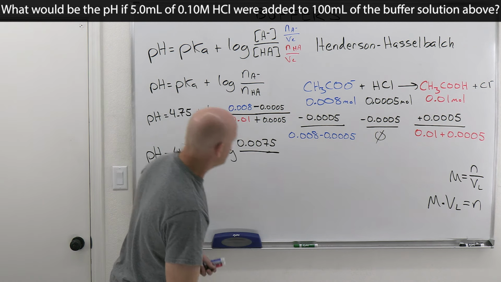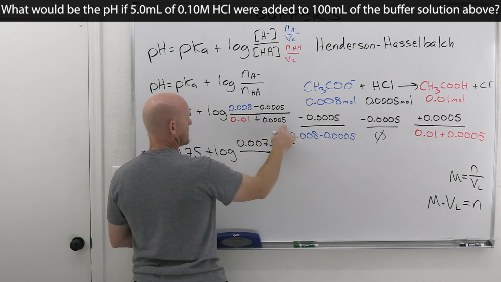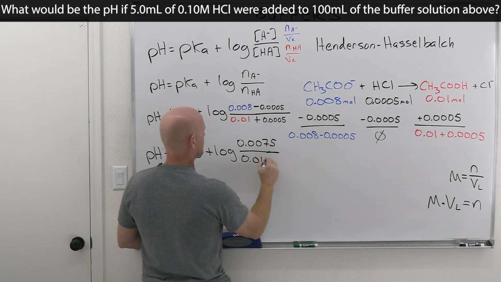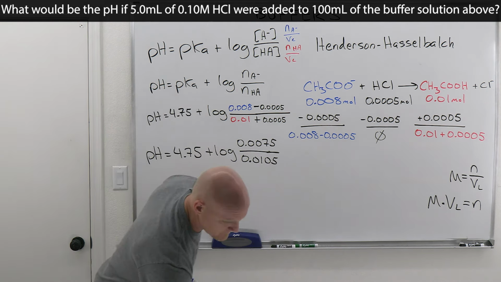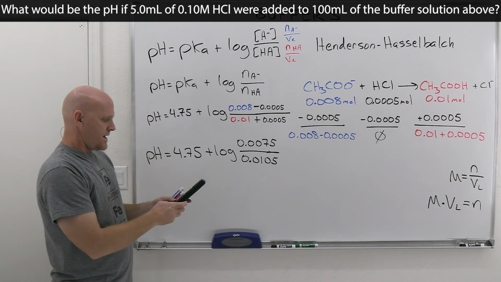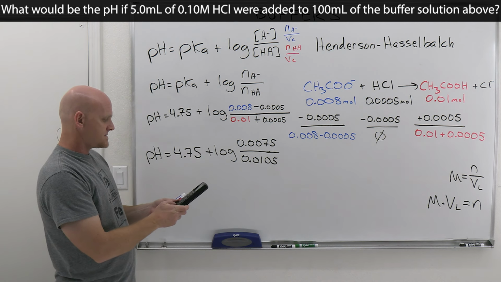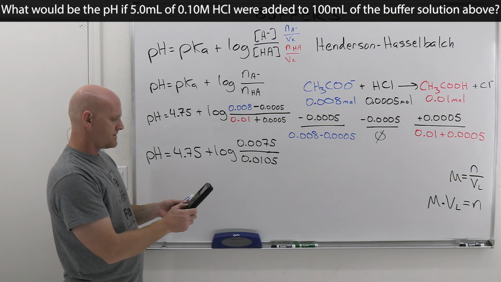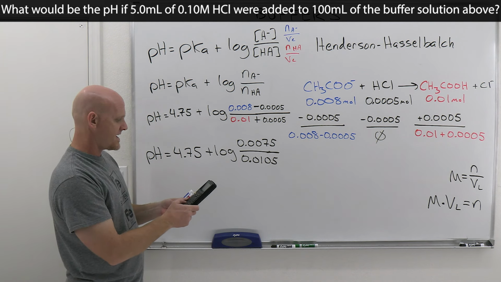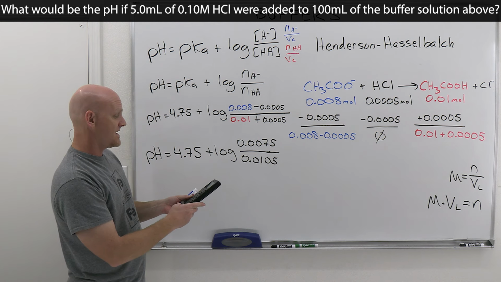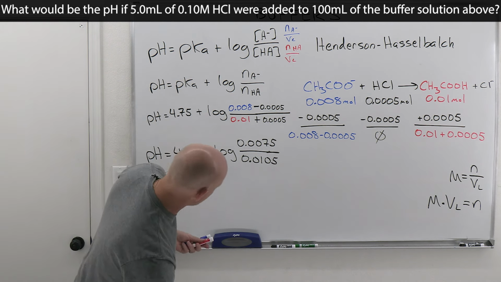And then 0.01, and actually we can do that in our head, plus 0.005 is going to be 0.0105, and we're good to go. All right, so 4.75 plus the log of parentheses 0.0075 divided by 0.0105 end parentheses is going to get me 4.60.